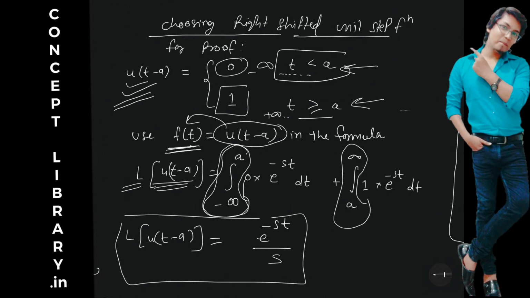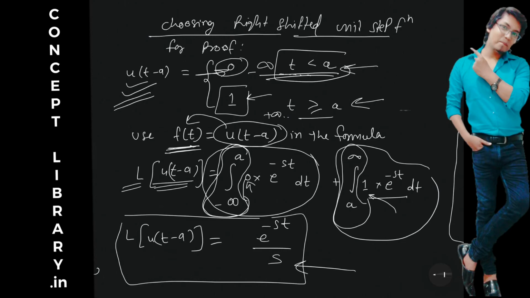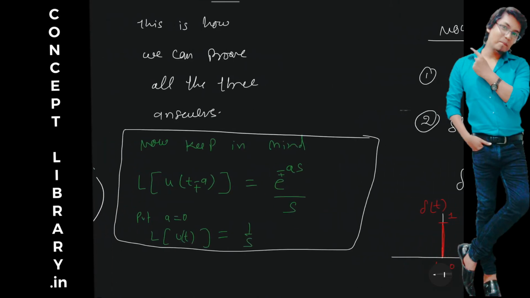In the first limit, our f(t) value is 0, so this entire thing will be 0, and in the second zone it will be 1. So multiply and integrate, simplify, you'll get this. And if you use plus sign, then plus will come here, e to the power minus st by s. This is how we can prove all three answers I have written here.